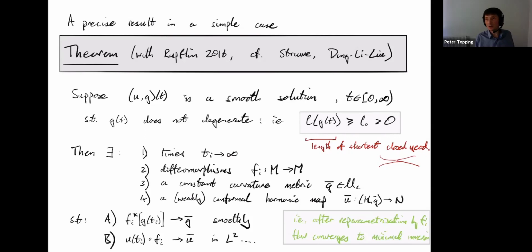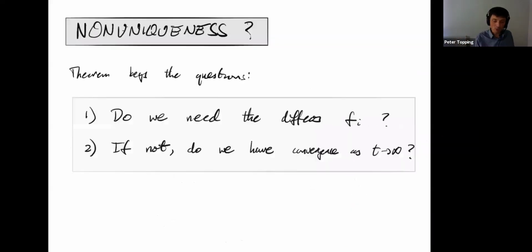By the way, there are many other non-uniqueness questions. The original ones were to do with blowing up singularities of harmonic maps and minimal surfaces. I won't talk about those today. So here's the non-uniqueness question. Do you need the diffeomorphisms F_i? Let's say you don't need the diffeomorphisms F_i. Then does the flow converge as t goes to infinity, or do you really need that sequence t_i going to infinity?